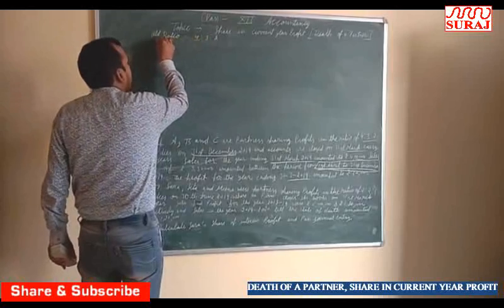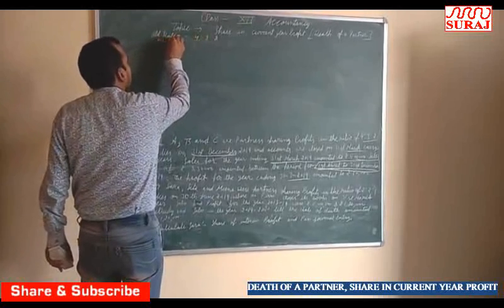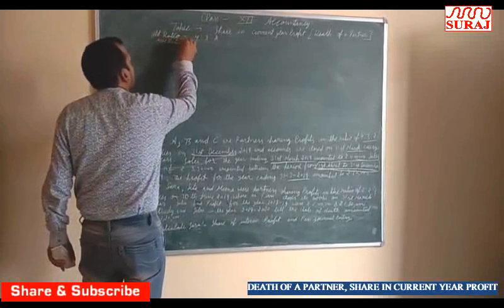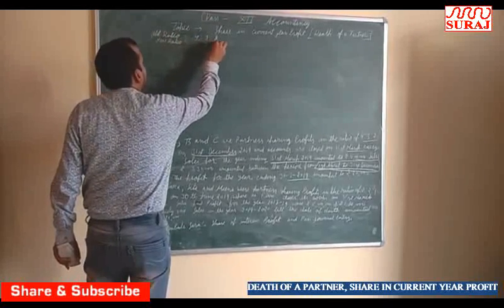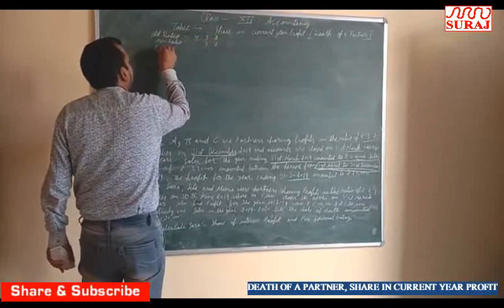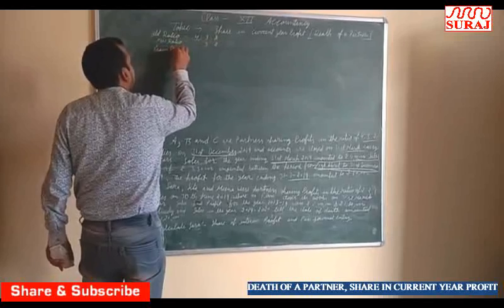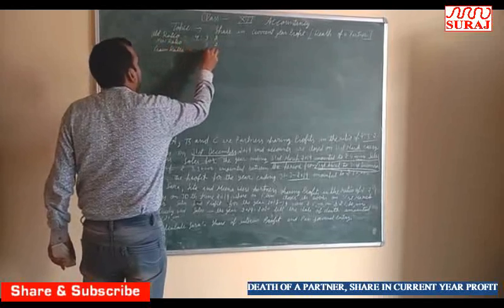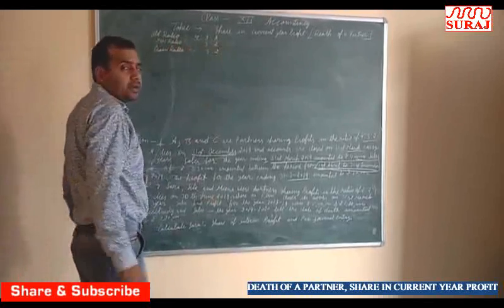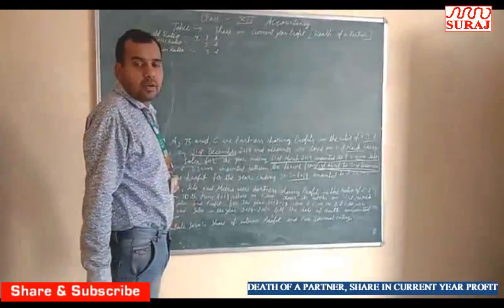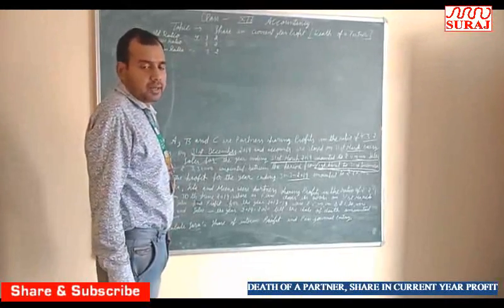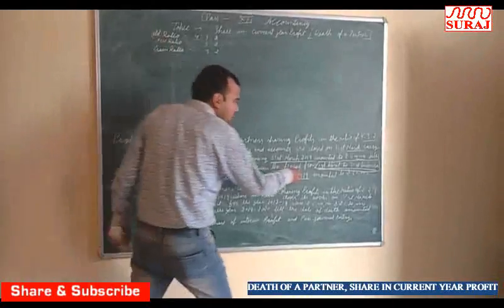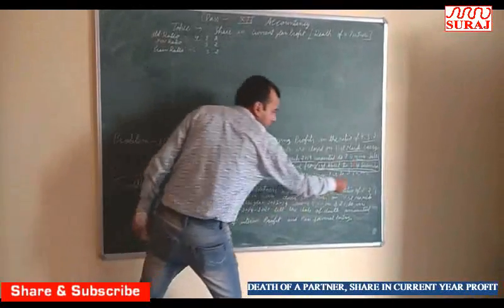Then your new ratio is 3:2. It is not required in this case. It is required for the treatment of goodwill, but not for the treatment of sharing profit in the current year. Last year your sale is 4 lakh and last year profit is 60,000.